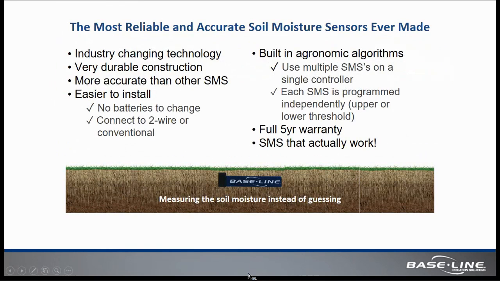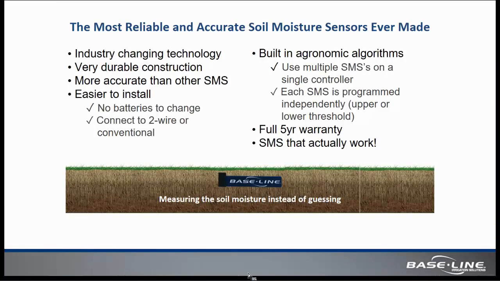So how do Baseline soil moisture sensors work? Baseline employs a patented technology that has really changed the way that plant material is being irrigated. The blade itself that is buried in the landscape is very durable in its construction, and we have removed all contact of metal in the soil profile, which will eliminate degradation over time and gives us a more reliable, accurate, and repeatable volumetric moisture content of the soil profile that it is buried in.